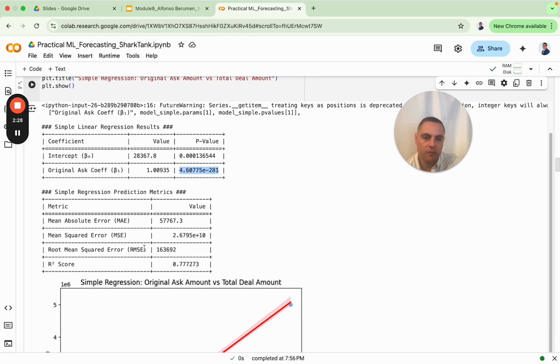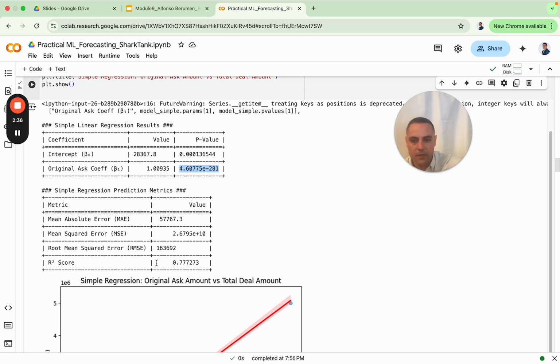These first three don't mean as much unless I'm comparing this to another approach or another technique, which we'll do in a bit. So you can see the R squared, 77%, so 77% of the variance is explained by the model. In other words, 77% of the variance in the total deal amount can be explained by the original ask amount.